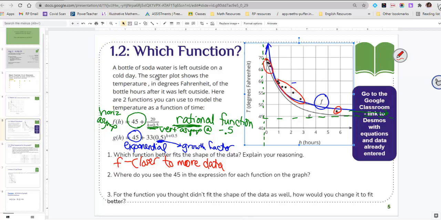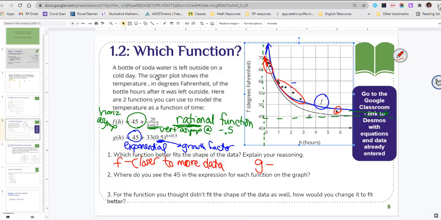Yeah, Jacob, what would you say? I said G because it kind of looks like the F on the left. It keeps going up. Alright, so G, you're saying G looks more like it because on the left F keeps on going up and up and up, like it's almost got that asymptote, so it's going to keep going to some higher data.